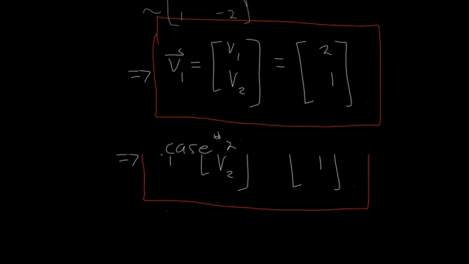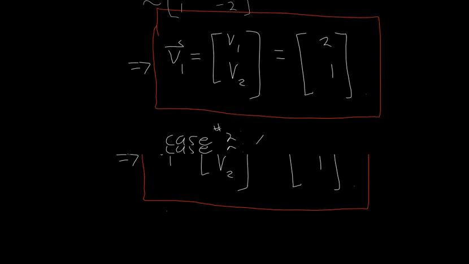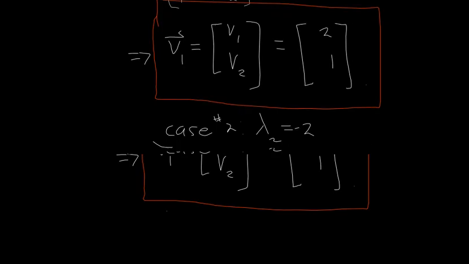Case number 2 is when we had eigenvalue lambda 2. Lambda 2 is equal to -2. All right, so we got this now.